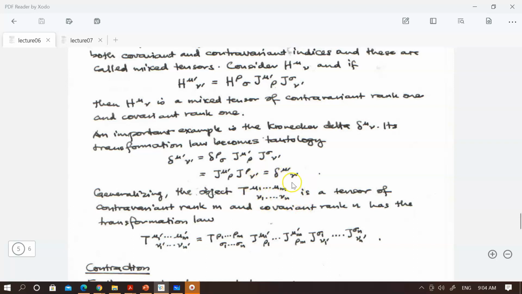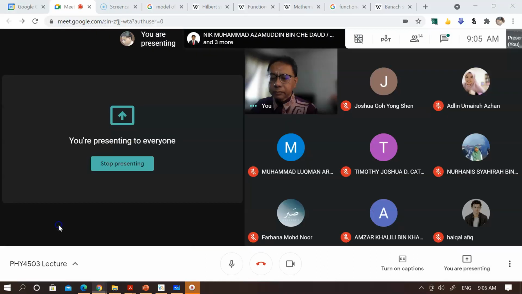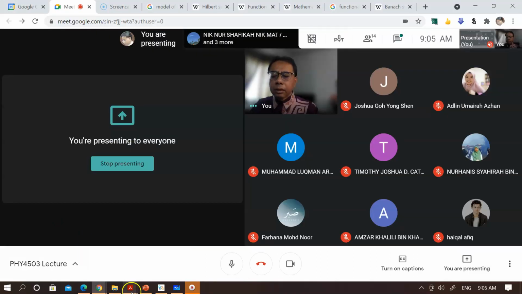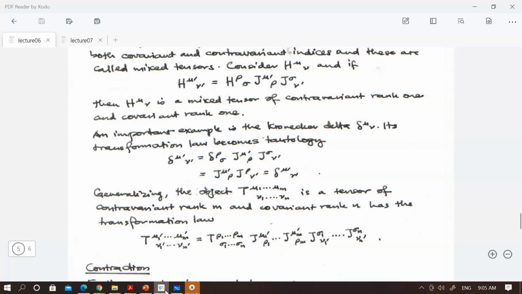The number of indices on the top tells you the contravariant rank, and the number of indices at the bottom is called the covariant rank. Okay, so let's move on.